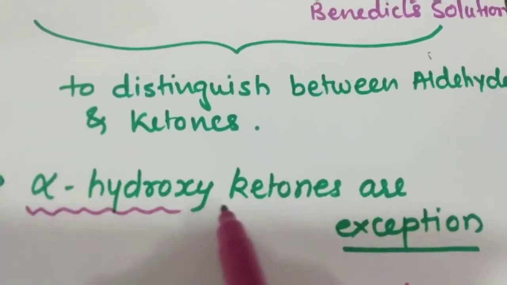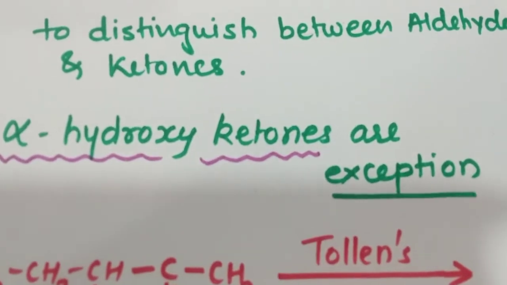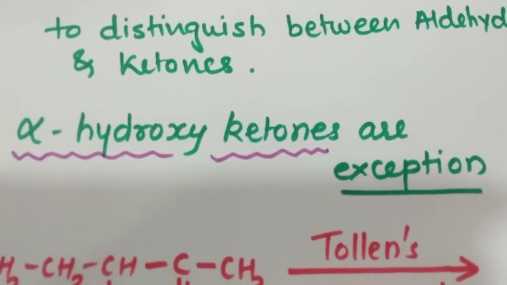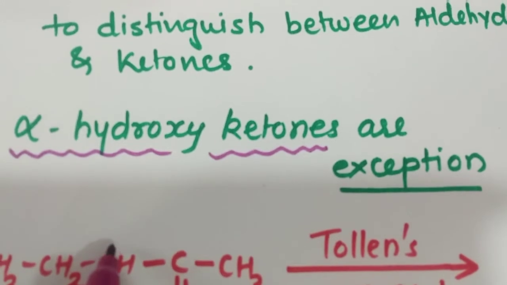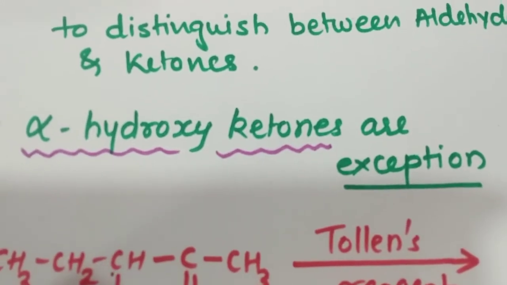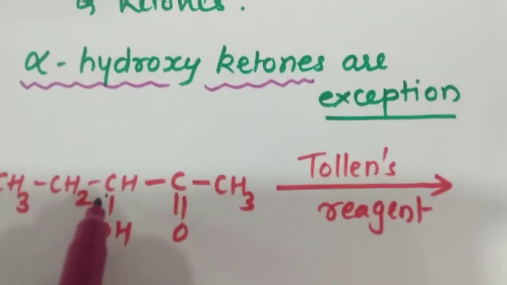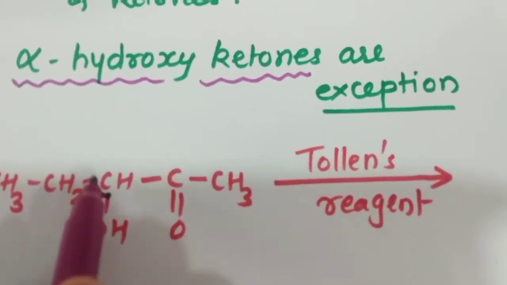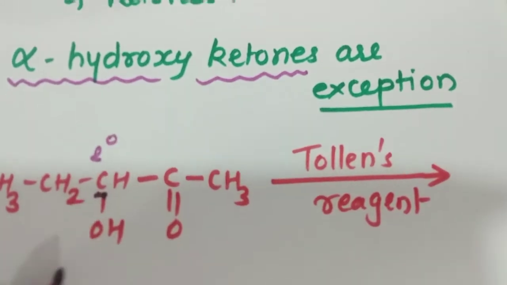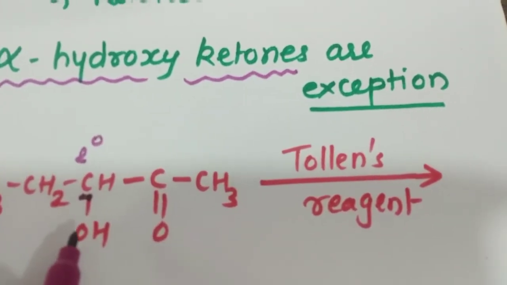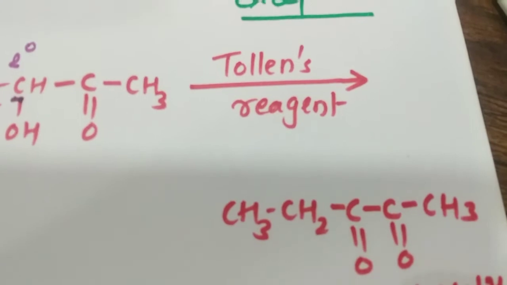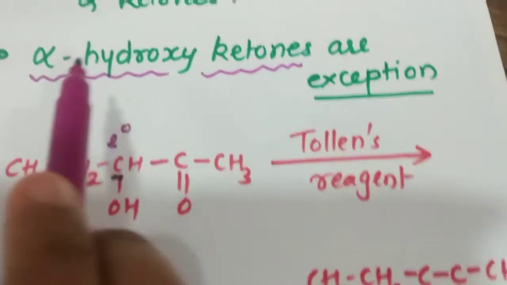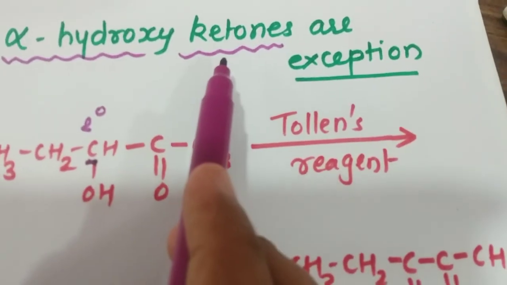But alpha hydroxy ketones, which ones are they? If the alcohol group is attached to this carbon, whose nature is secondary, 2 degree, then that carbon atom converts itself into a ketone, and hence only these alpha hydroxy ketones are exceptions.